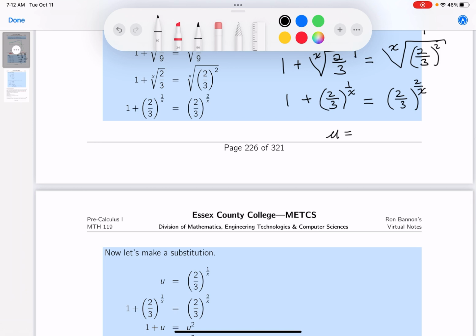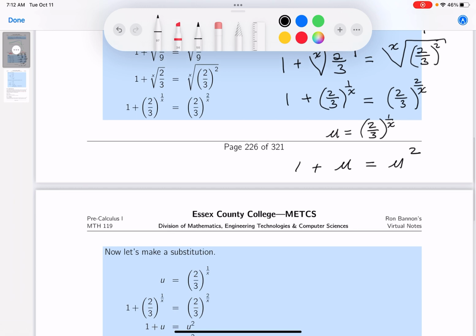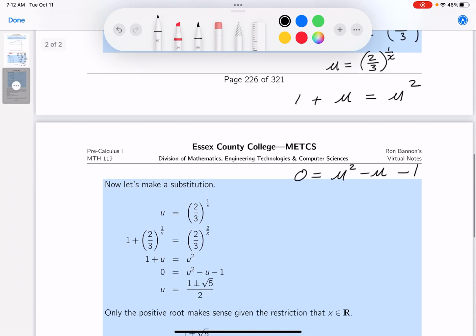U equals 2/3 to the 1 over x. And what are you going to get here? 1 plus u equals u squared. All right, I need to solve that equation now for u, and you're going to get 0 equals u squared minus u minus 1. Let's keep moving forward.